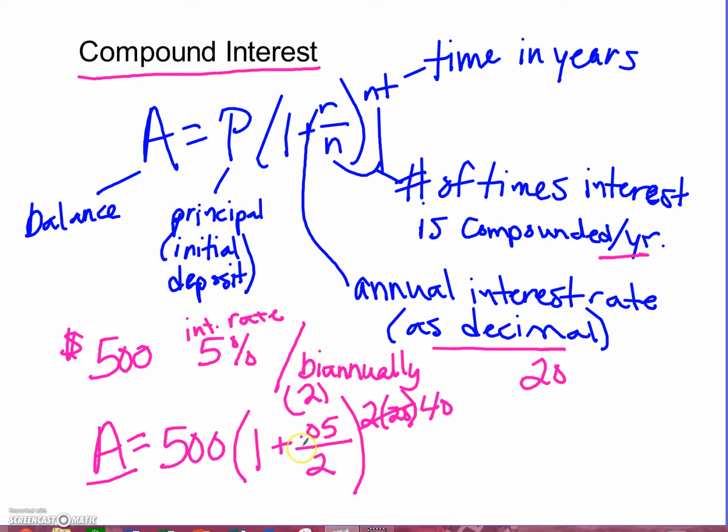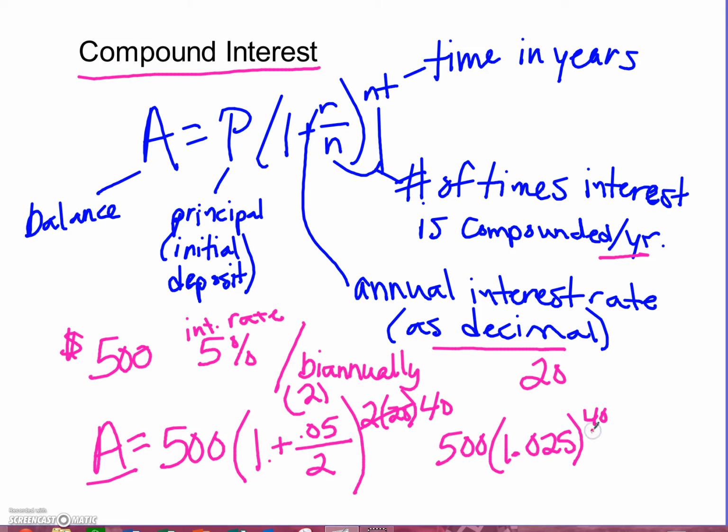Then let's work what's on the inside. 0.05 divided by 2 should give you 0.025. So if we leave our 500 and then plus the 1.025 to the 40th power, we combine this.